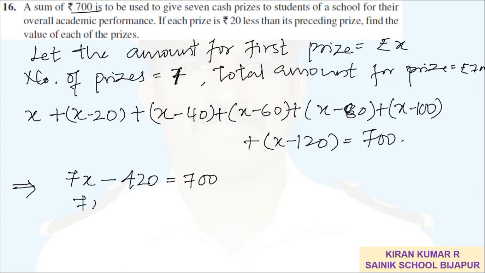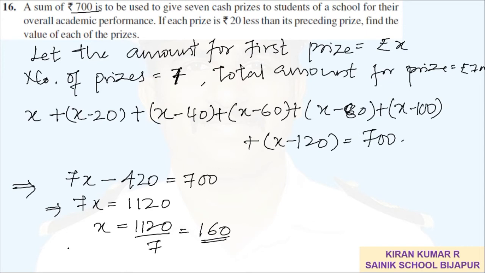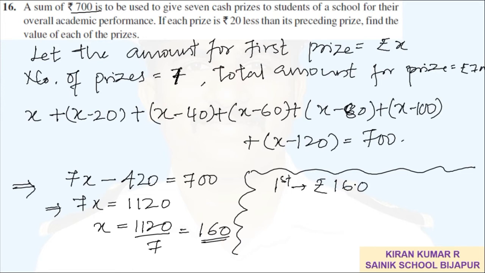So 7x will be equal to, on transposing, 1120. So x will be 1120 divided by 7, nothing but 160. So with this I can find out the 7 prizes, and the first prize is 160 rupees. The second will be 180.